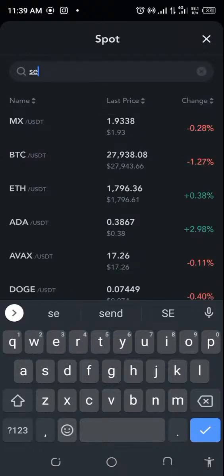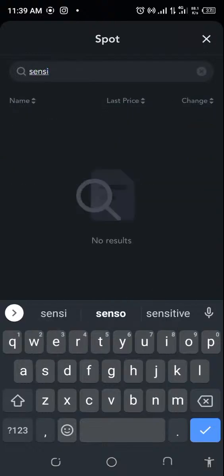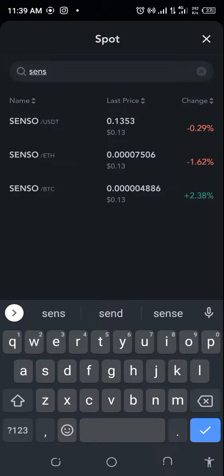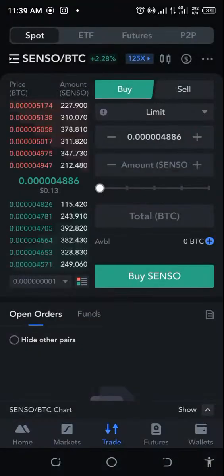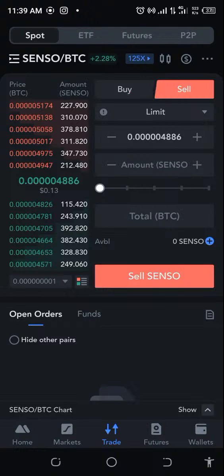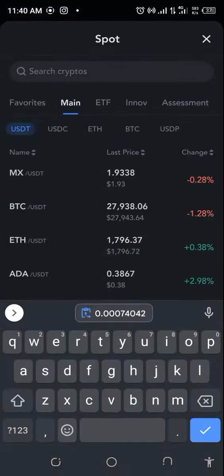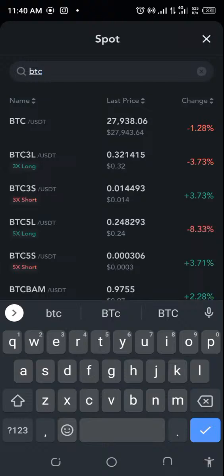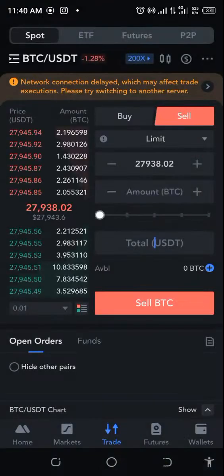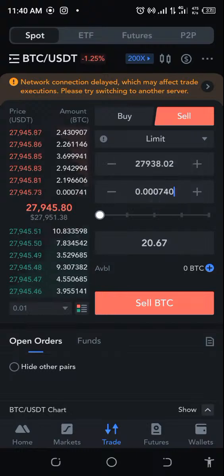Let's see what we get. We put that in there, copy that out, and quickly go over to BTC and check what we have. So we're selling to BTC, and then we'll see.